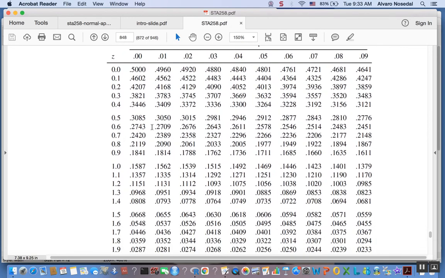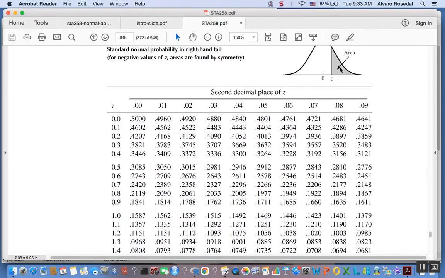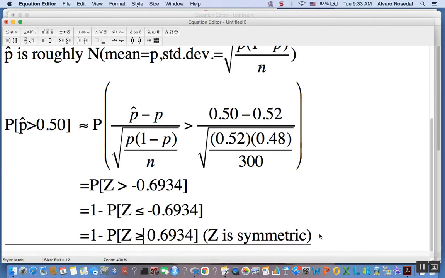Okay. So let's find something as close as possible to 0.69. So 0.69 is this, right? But again, take a look at this graph here. That table will give you areas to the right. So that 0.2451 is the area to the right of 0.69. Okay? So here we go.